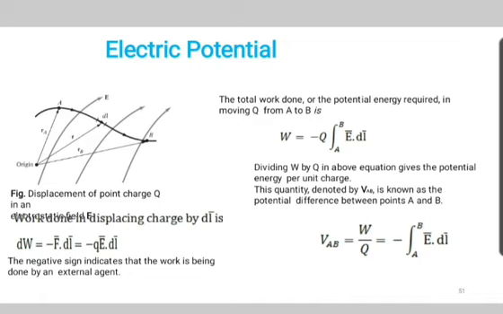This quantity is denoted by VAB, and it is known as the potential difference between the points A and B. So VAB is equal to W by q, which is equal to minus the integral from A to B of E bar dot dl bar. The negative sign indicates that the work is being done by an external agent.